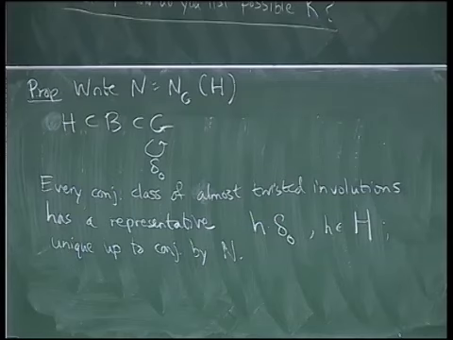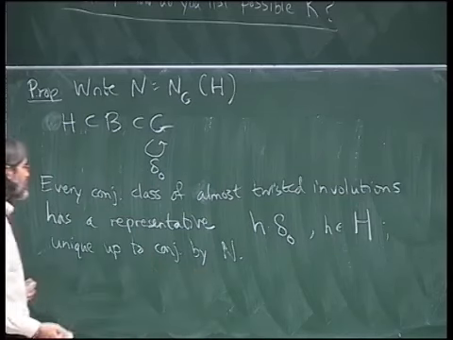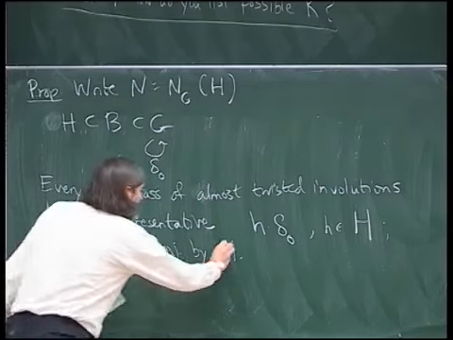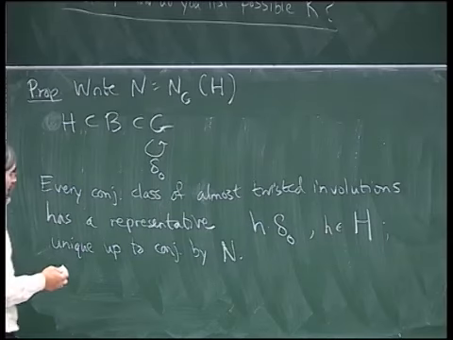It's essentially the statement that any element of the group, well, any semi-simple element of the group can be conjugated into this maximal torus. You have to worry a little bit about the twist, but not much happens.